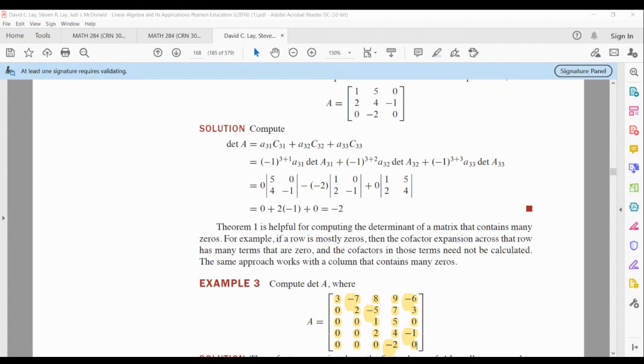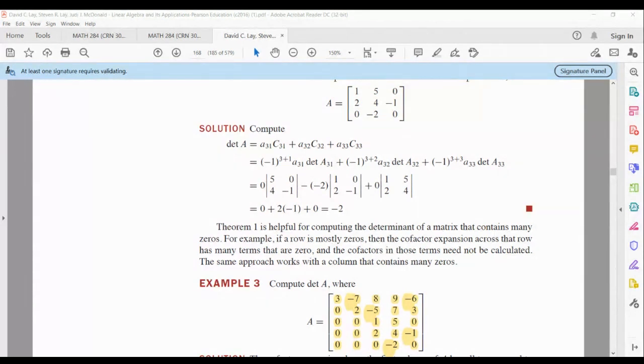All right, well, what about in terms of a row? Is there one row that's better than any other row to expand along in this matrix for a cofactor expansion? Good, Catherine, 5th row. Because again, a lot of zeros there.